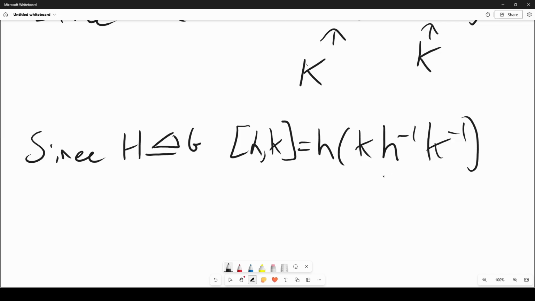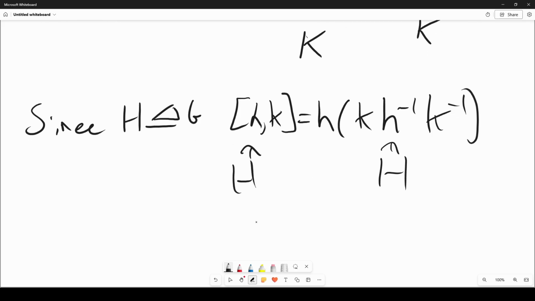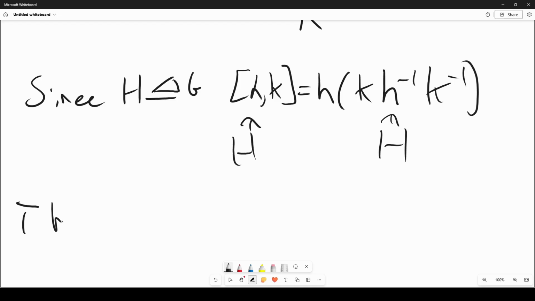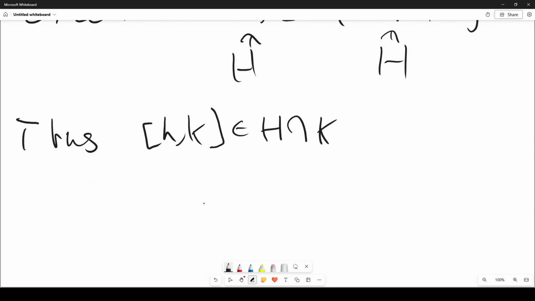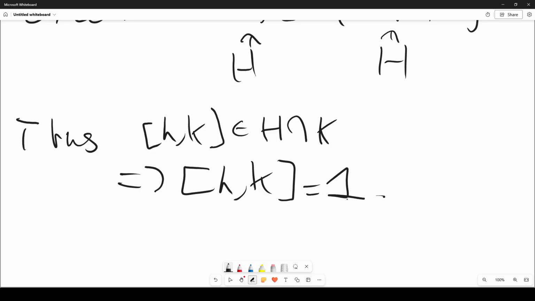But since H is normal, this k h inverse k inverse is also in H. So I get something in H times another thing in H, which means my commutator is also in H. Thus we've shown that the commutator is both in H and in K, so it's in H intersect K. But H intersect K is only the identity, so this implies that [h, k] has to equal 1. So it is in fact the identity, and thus h and k commute.